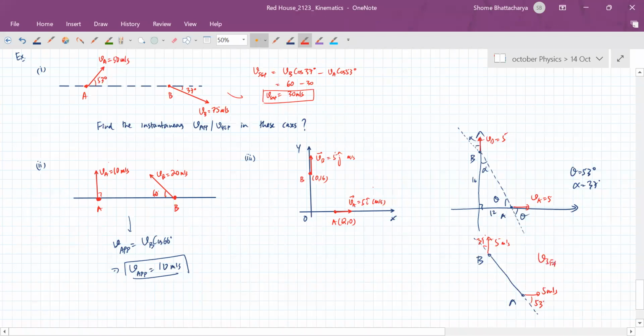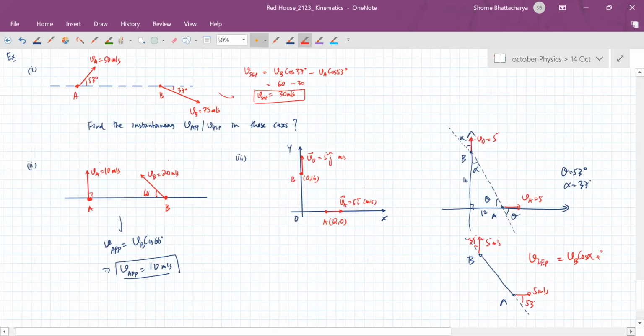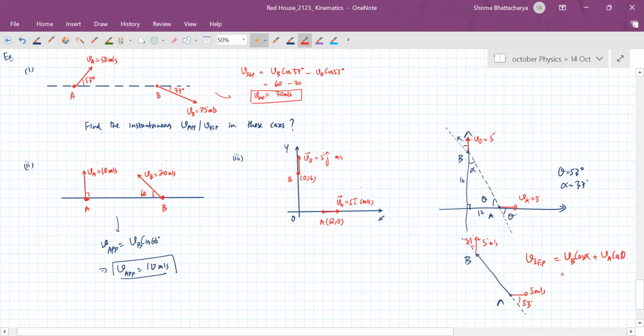They have a separation velocity of VB cos alpha plus VA cos theta according to my diagram. They have a separation velocity of 8 meters per second. So a little bit tricky this was in terms of the geometry of it.